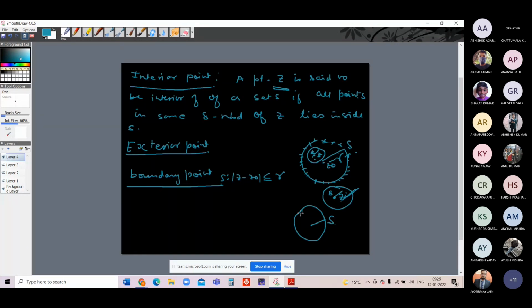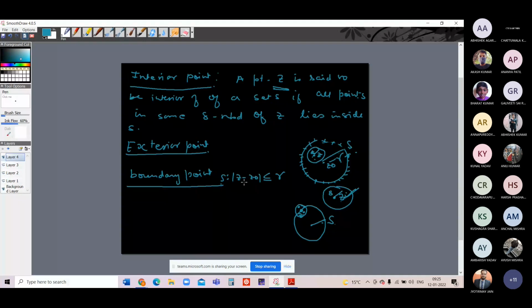Now look here at the boundary. Suppose this is our Z. Whatever neighborhood of it we consider, however small or however large, this neighborhood must contain at least one point which lies inside this S and at least one point which lies outside of this S. So all this collection of points is called boundary points.